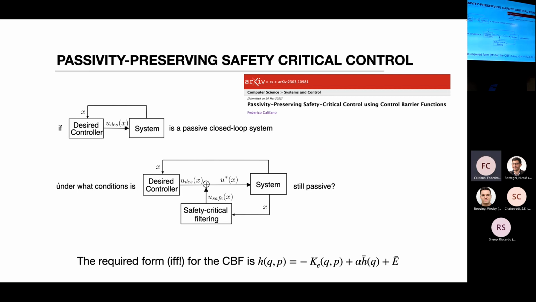And you can do obstacle avoidance, for example, on it without compromising stability of the system, which is a big deal in control theory, only by implementing this quadratic program of the CBF. So the only thing you need to worry about is how to define the CBF. The system does it alone, and there is a solid theory which says, okay, you know what, the system remains passive, which means that it remains stable.